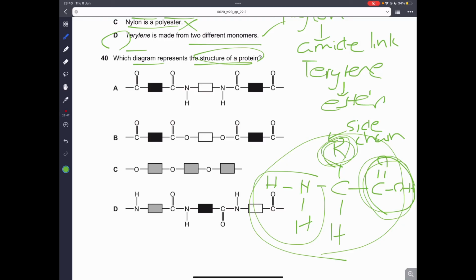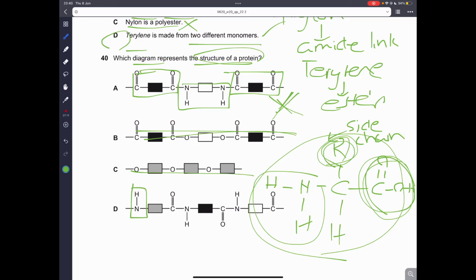Let's look at option A. Option A is not protein, but it is nylon, because let's look at the monomers. The monomers are dicarboxylic acid and diamine. This is completely wrong. Option B is completely wrong because of the wrong linkage. Option C as well. Option D, however, let's look at it.